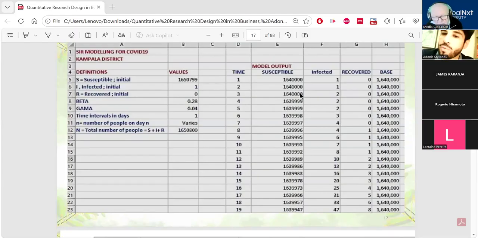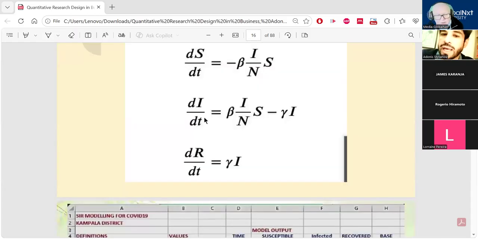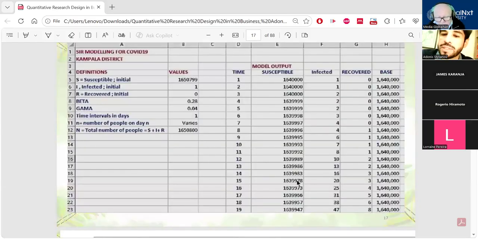Because knowing one of them, the infected, you can also play around with S and R because they're all interrelated, as you can see. So you allow this programming to take place, and then you know the peak, you know when exactly you reach the maximum number of people who actually adopted the product.